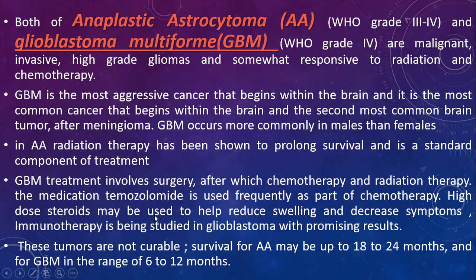High-dose steroids may be used to help reduce swelling and decrease symptoms. Immunotherapy is being studied in glioblastoma with promising results. These tumors are not curable. Survival for AA may be up to 18 to 24 months, and for GBM is a range of 6 to 12 months.